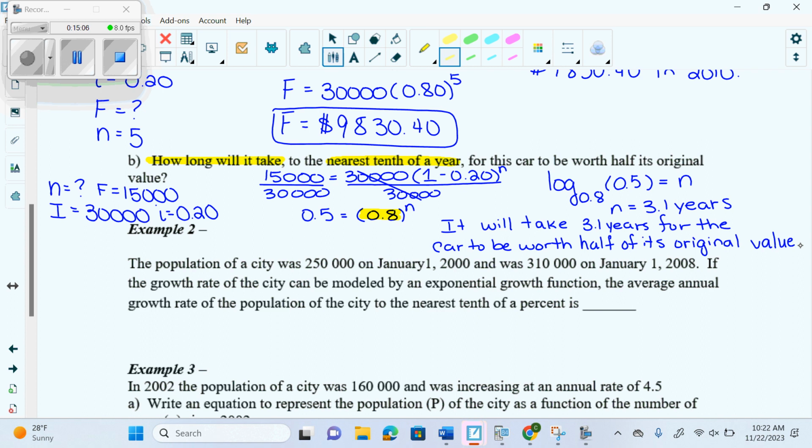Cool. And what's it doing? Oh, it's halving. If you don't have any of that, you've explained nothing. You've just said it takes 3.1 years. What? Orange to grow? What is taking this 3.1 years? So if you say it, you have to clarify later what it is. It will take 3.1 years for the car to be worth half of its original value.